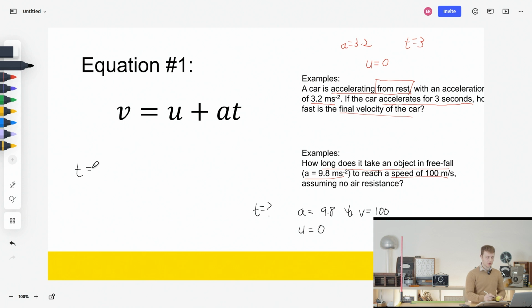t is equal to v minus u over a, right? So subtract u from both sides, divide both sides by a. And in that case, it's going to be equal to 100 minus 0 over 9.8. That's going to be a number.